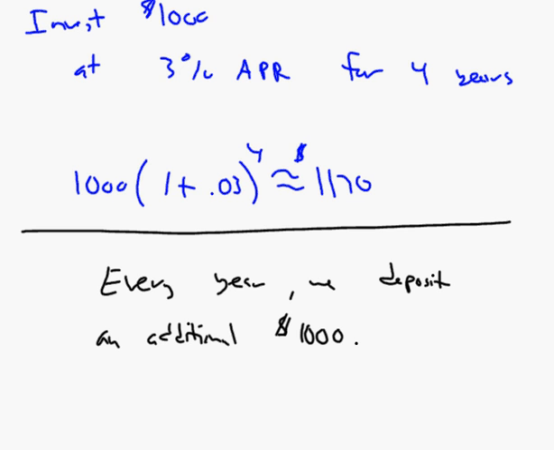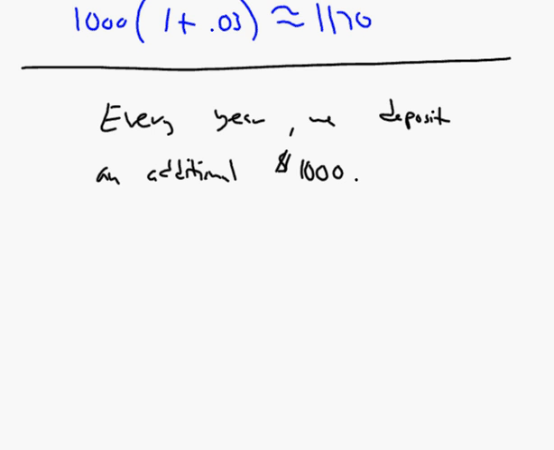So let's start considering what the value of this account looks like over time, and then maybe we'll see why I was talking about geometric series and adding them up. Let's start with this.